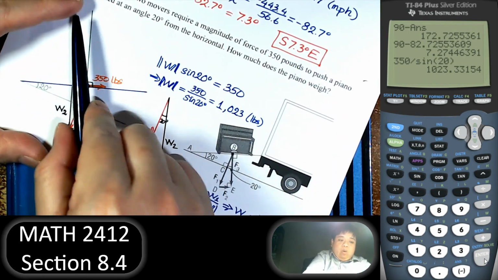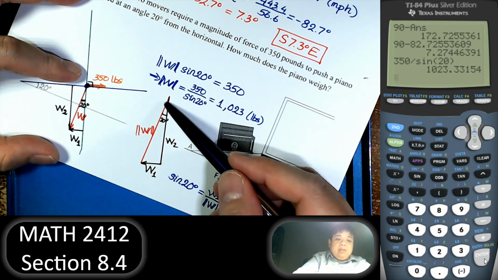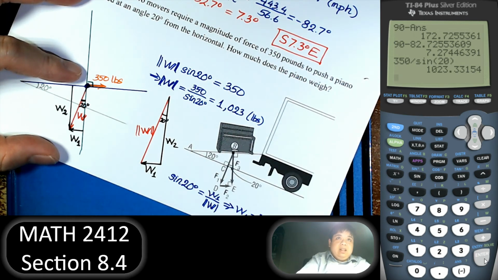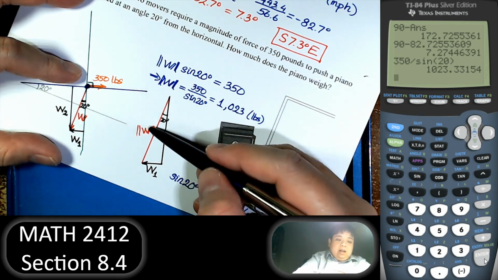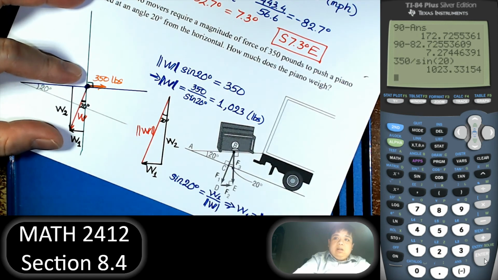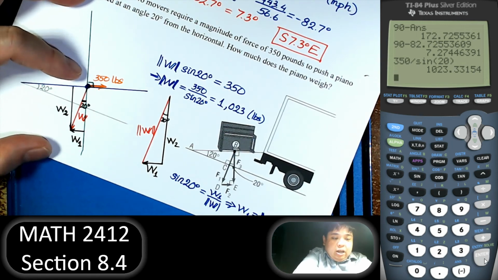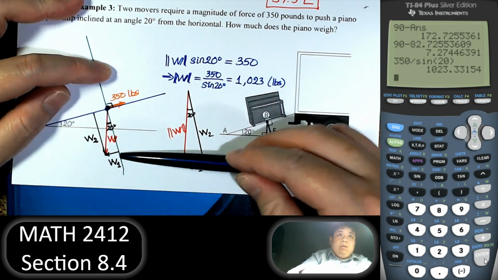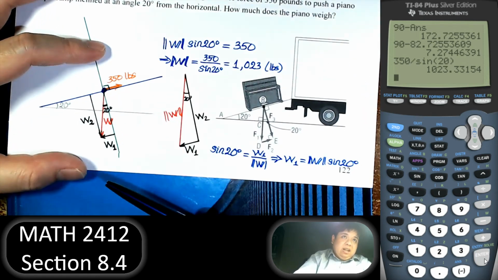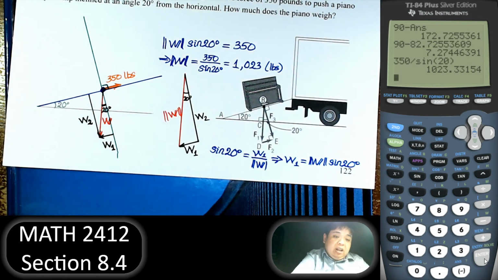Then we draw a triangle and determine, well, this is opposite, so it's hypotenuse times sine, and this is adjacent, so it will be the magnitude times the cosine of the 20 degrees. And W1 will be negative because it points in the opposite direction. And W2 is also negative because the weight in general points down, which is negative.